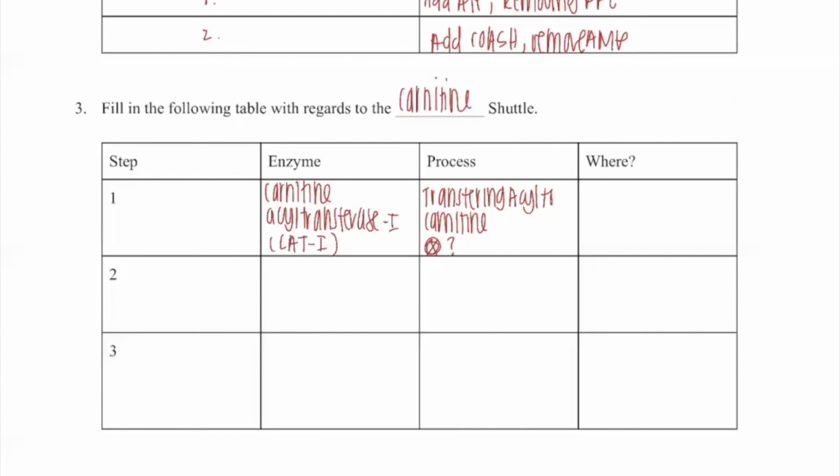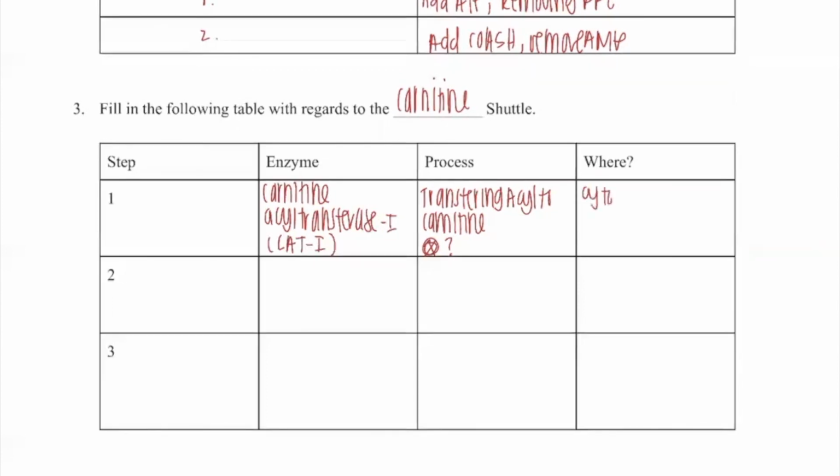All right. So now we'll move on to the last part, the location, the where. So where is this process happening? So we're starting out in the cytosol and basically moving into the intermembrane space. Okay. And something that you'll see through this little table is it'll go something like this. I'll give you a hint for this one.